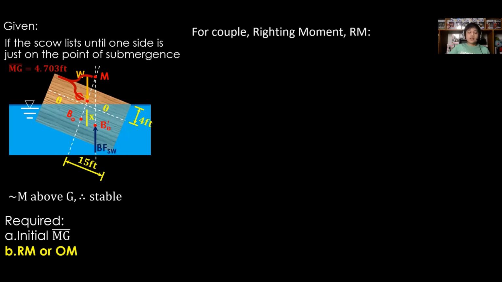For the unknown, since it is stable, determine the righting or resisting moment RM. For RM, you may use either W times X or BF times X. But since values of W and BF are unknown, it is easier to solve for the value of BF.